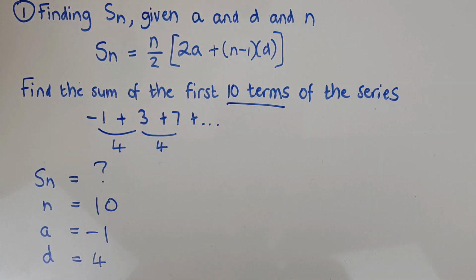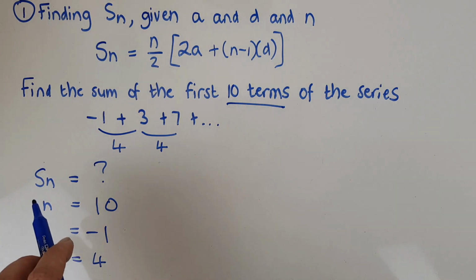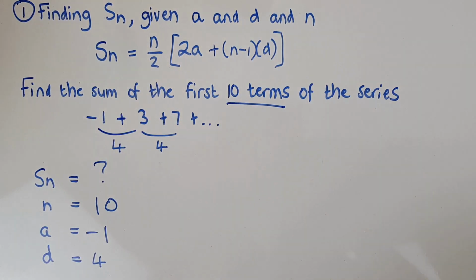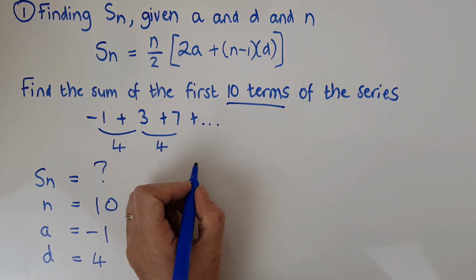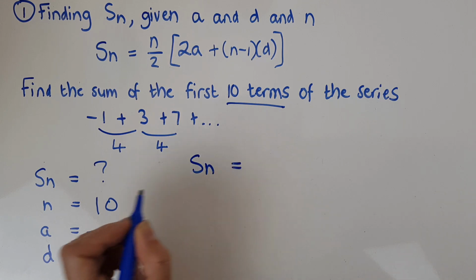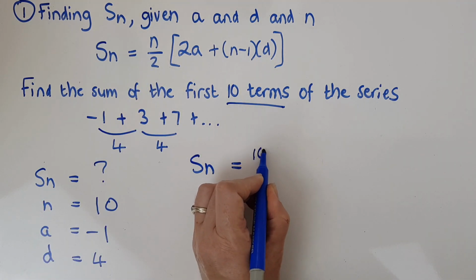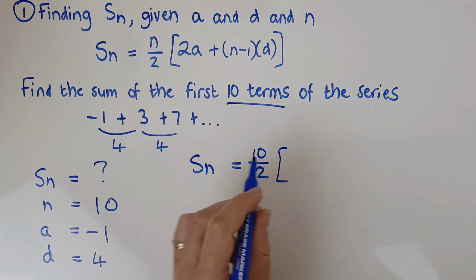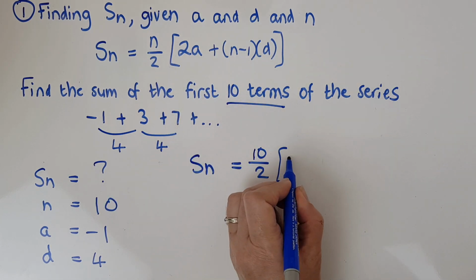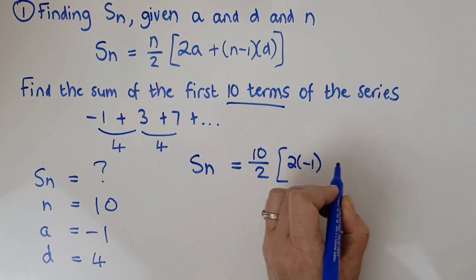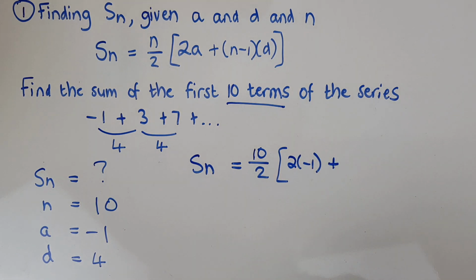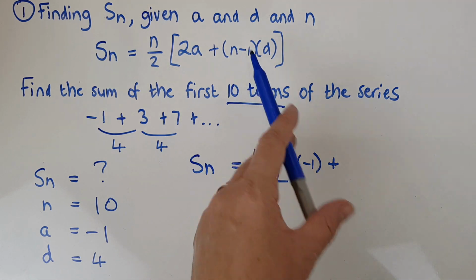Okay, so the thing I'm trying to find is the sum. When I now sub into this formula, the thing that's still going to have a variable in it will be the Sn, and everything else is going to have a number. So Sn, which I don't know, is n over 2, which is 10 over 2. Then it's 2 times A, so 2 times -1, plus, and what I like to do here is instead of subbing in my 10 minus 1, is to do this part in my head.